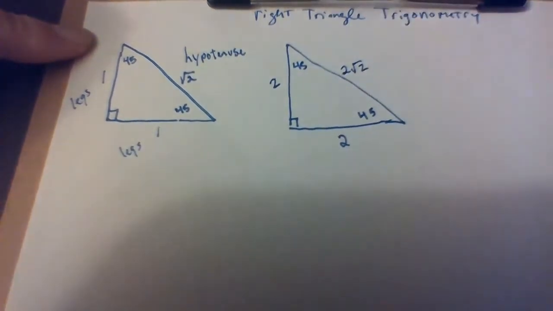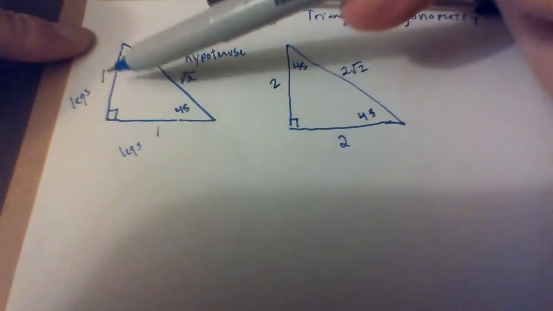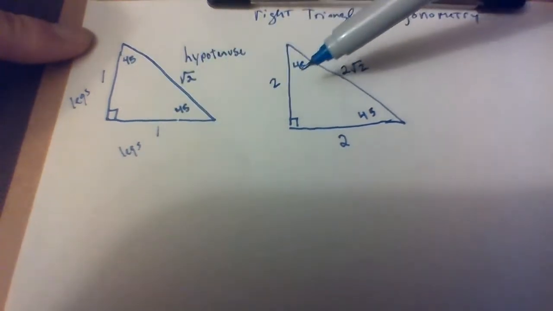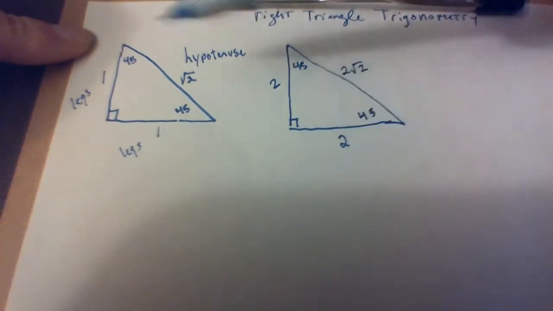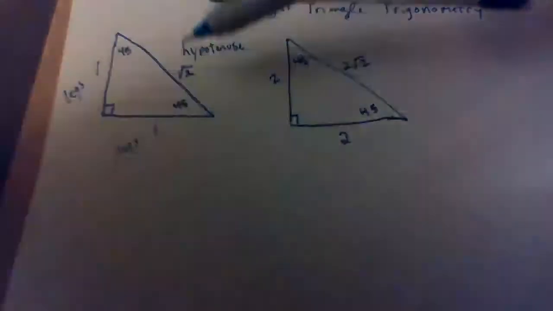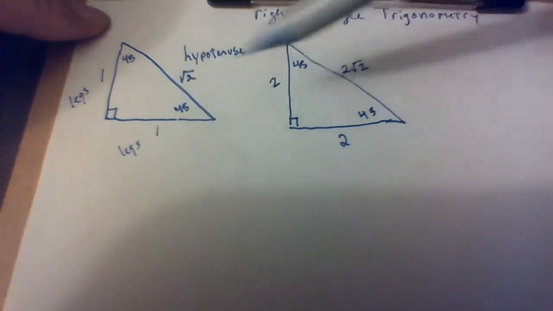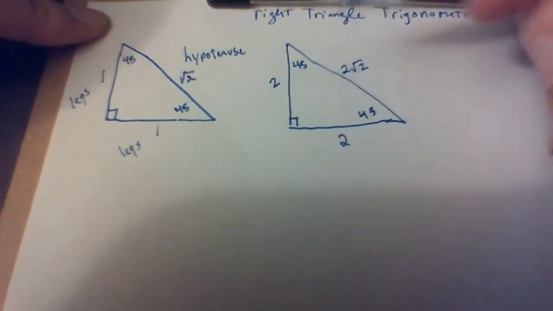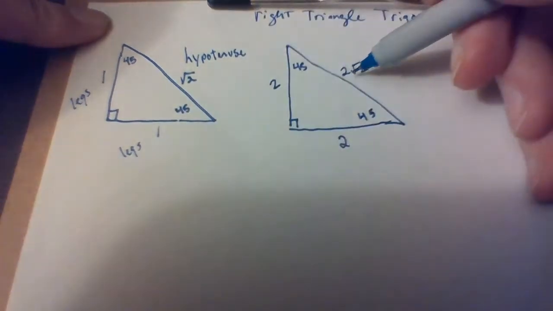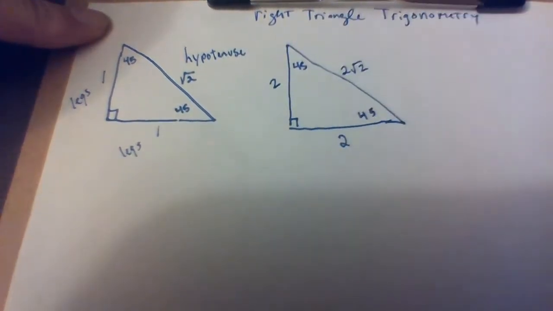So the ratio of the sides, 1 to 1, is equal to the ratio of those sides, 2 to 2. 2 over 2 reduces to 1 over 1. The ratio of the hypotenuse to the leg is the same as the ratio from that hypotenuse to that leg. Radical 2 over 1 equals 2 radical 2 over 2, because here the 2's would cancel.